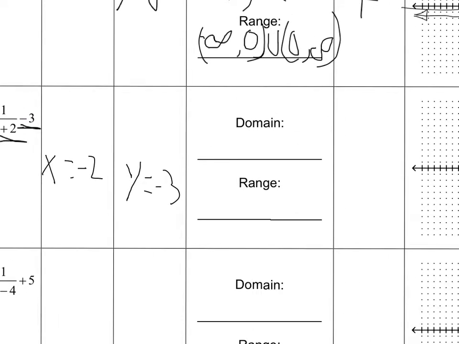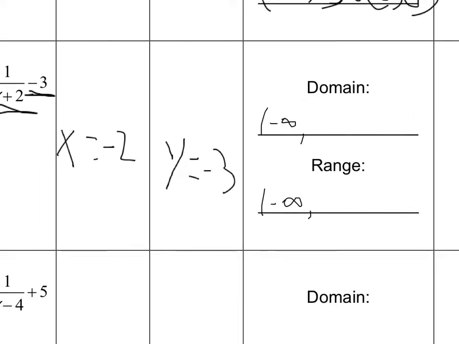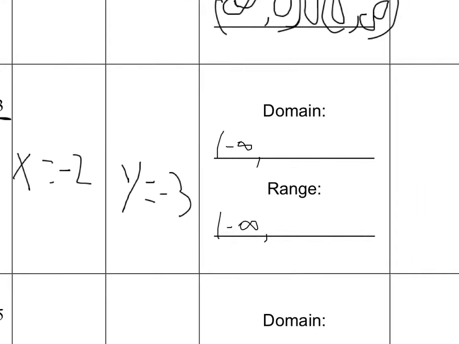Next, we'll do our domain and range. Always start with negative infinity for both your domain and range. For domain, you'll look at your vertical asymptote, which is x equals negative 2.